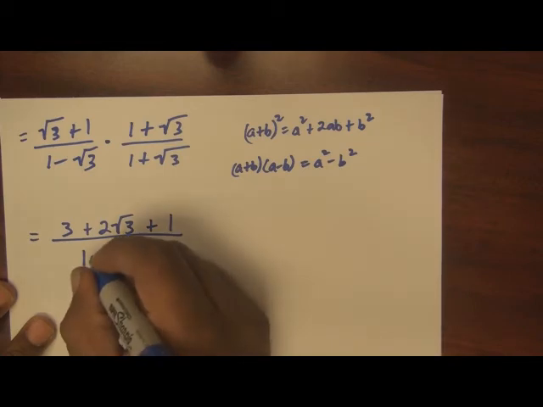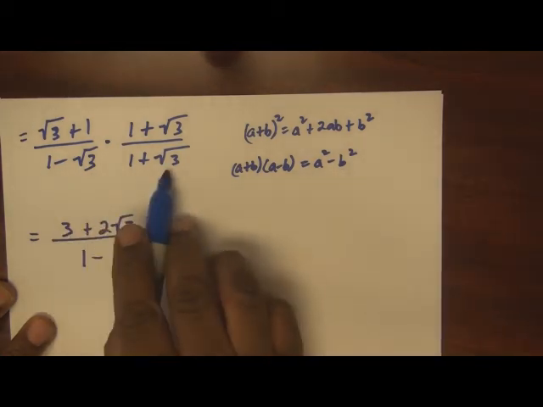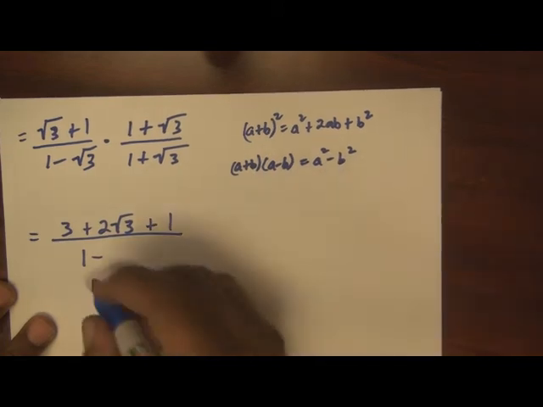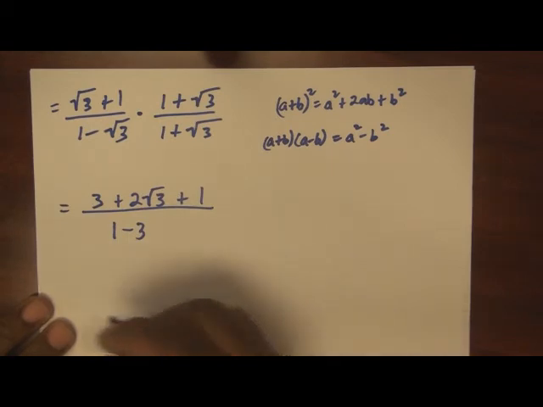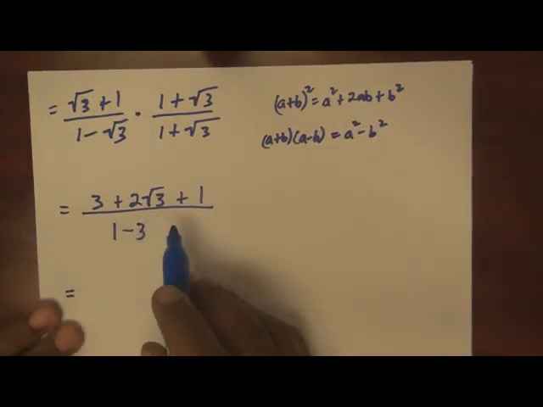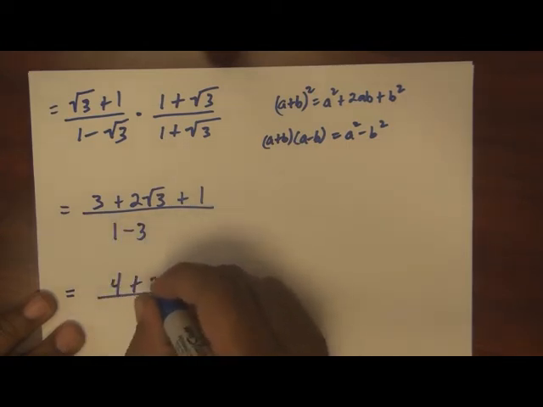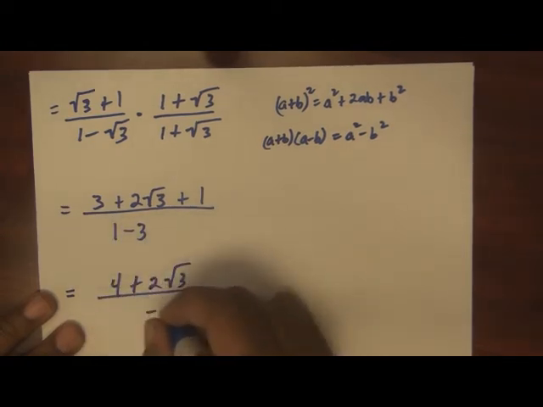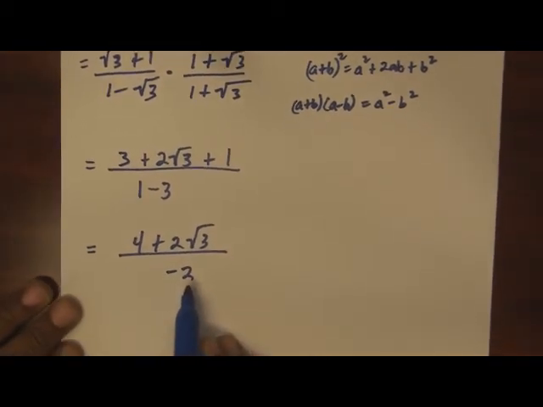Minus, because there is a minus in the formula, b is the square root of 3, so we're going to square the square root of 3, which gives us 3. And now if we simplify the numerator, 3 plus 1 is 4. And we have negative 2 in the denominator.